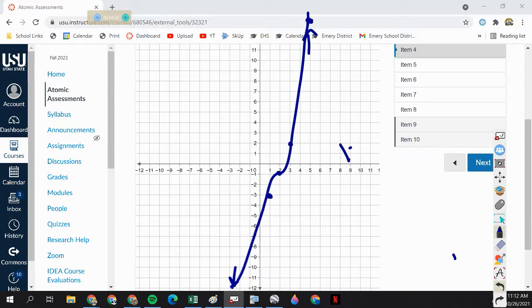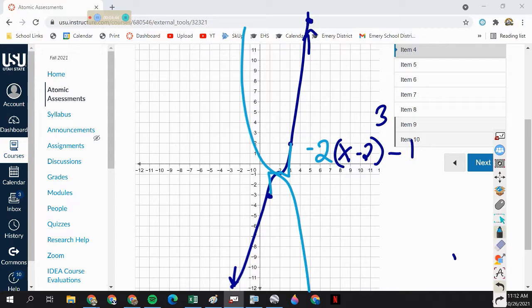So this would be x minus 2 to the third minus 1, and then you'll see that this is over 1 down 2 and over 1 up 2, so that would be a 2. What if I made that negative? Then it's going to look like this. Okay, you guys can handle those, right?